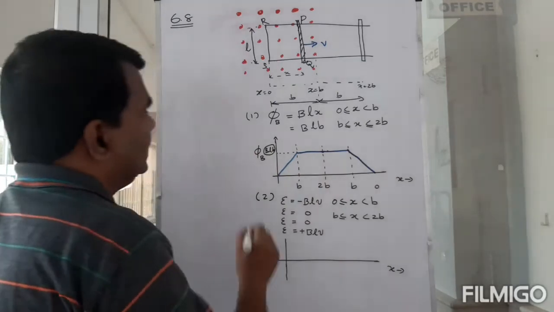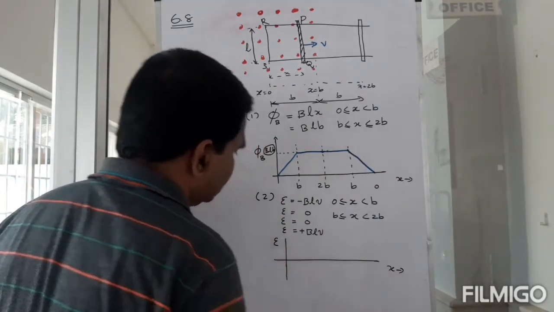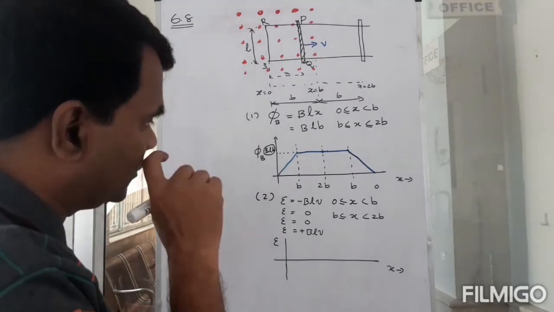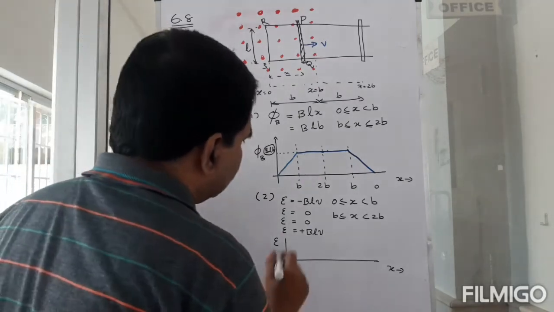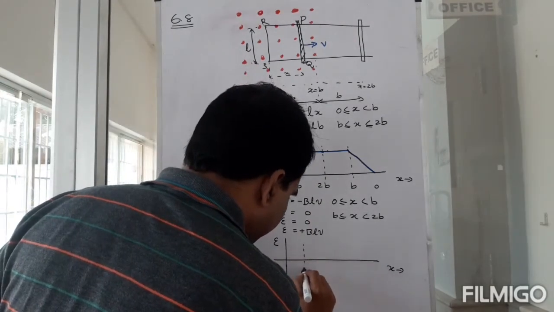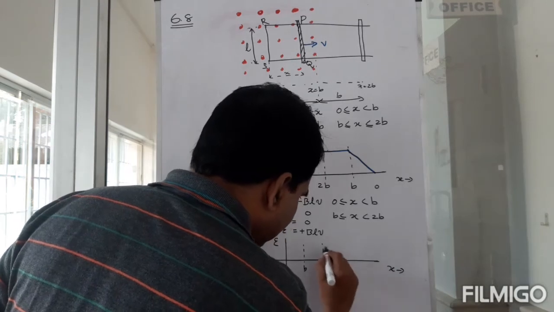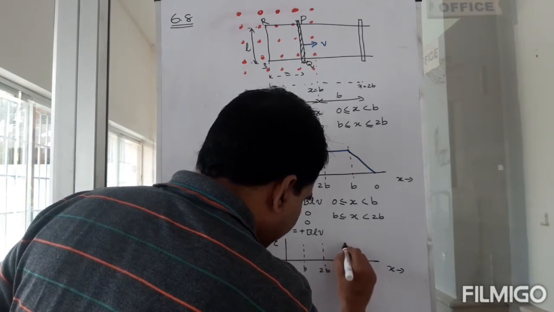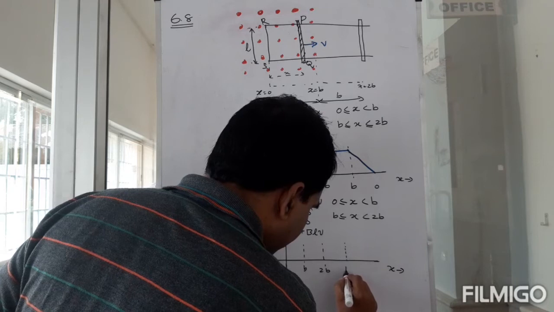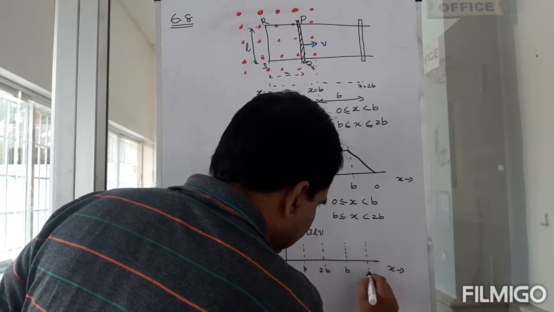So if you were to draw that again, a picture, my x, and then this is my E. Okay, so how would it be? This is my B, this will be 2B, from 2B to B, and B to 0.